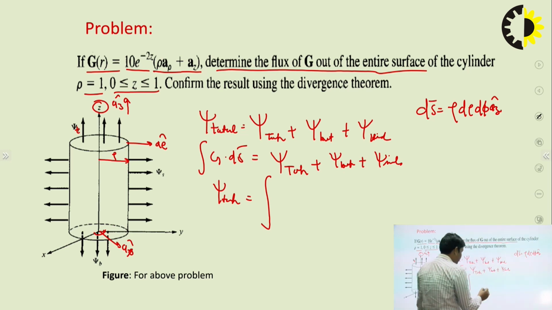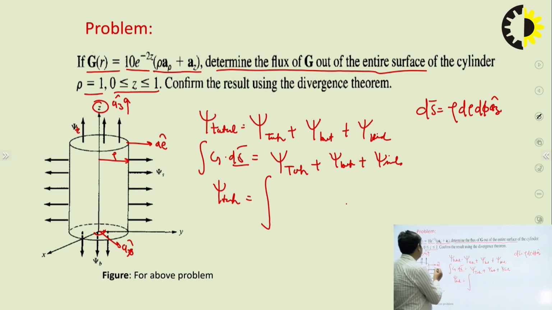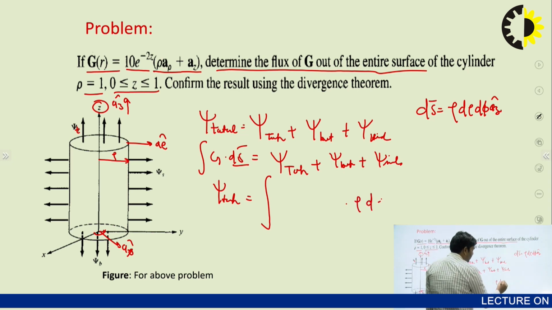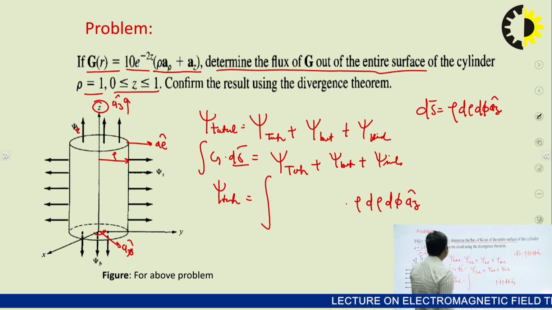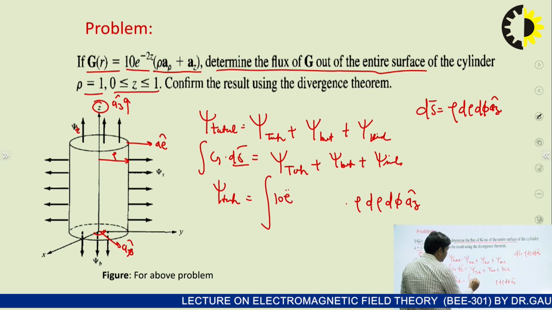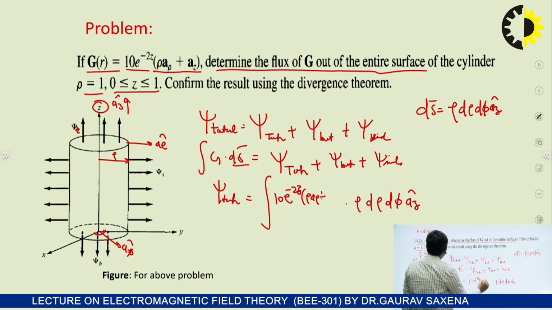We put that into G dot ds. Because we calculate the top flux, the top is given in the az direction. So ds is defined as rho d phi az, and vector G is defined as tan e raised to power minus 2z rho a rho plus az.